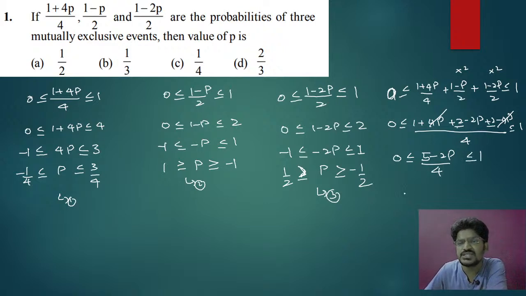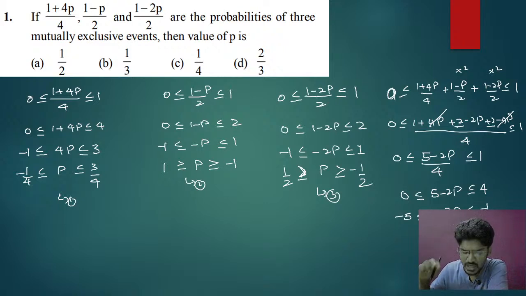Multiply 4 on all 3 sides, it will be 0 ≤ 5 − 2p ≤ 4. Take −5 on all 3 sides, it will be −5 ≤ −2p ≤ −1. Now divide all 3 terms by −2, it will be 5/2 ≥ p ≥ 1/2.